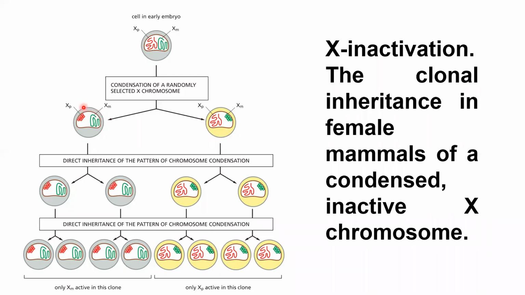Once this initial inactivation has been selected, inheritance of the pattern of chromosome condensation continues. So all the progenies of this cell will have their maternal X inactivated, and all the progenies of this cell will have their paternal chromosome inactivated. So the choice is random.